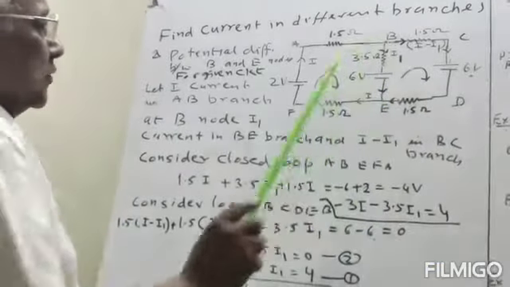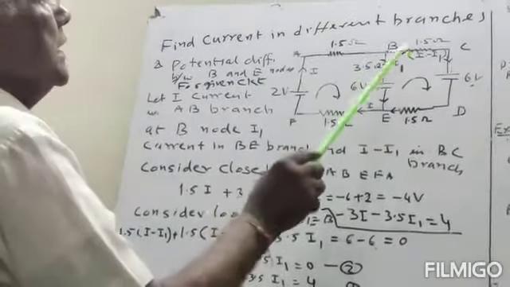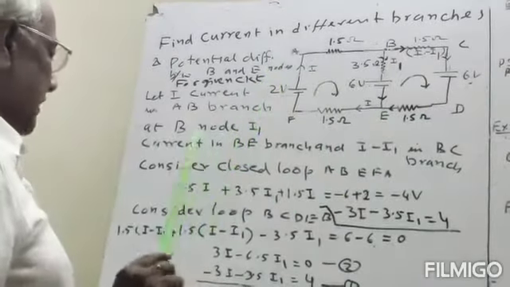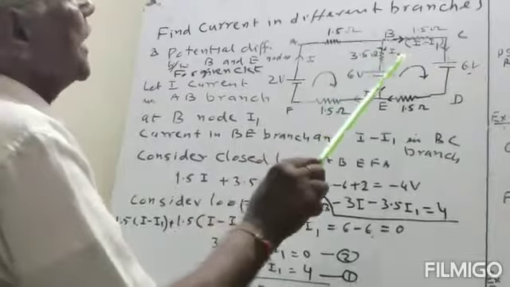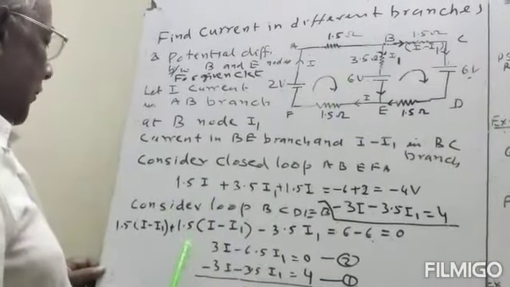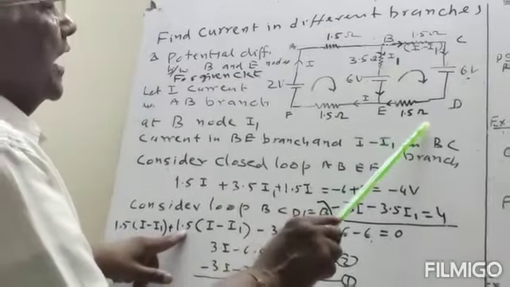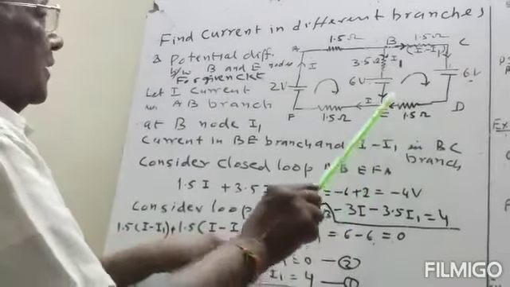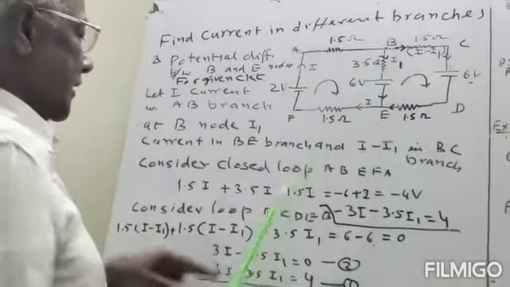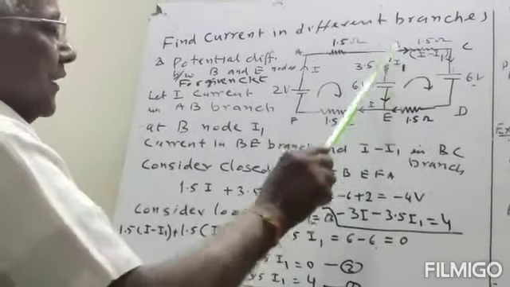Now we take the second loop, which is B, C, D, E, B. Then 1.5 into I minus I1 plus 1.5 into I minus I1, and this is in the same direction, and it is in the reverse direction, then minus 3.5 I1.